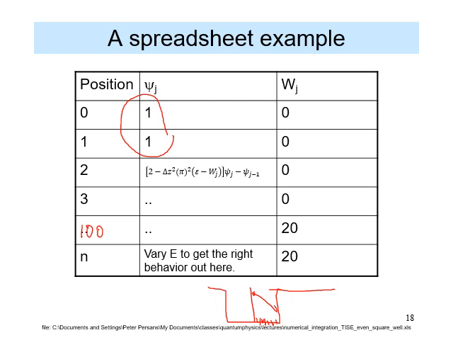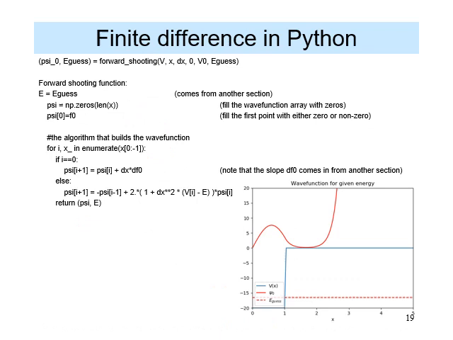Then for the next point, I calculate it based upon those two, and the next one, and the next one, all the way out to some reasonable physical distance outside of the well. In Python, we might write the calculation like this.